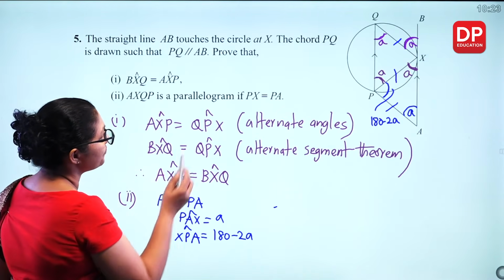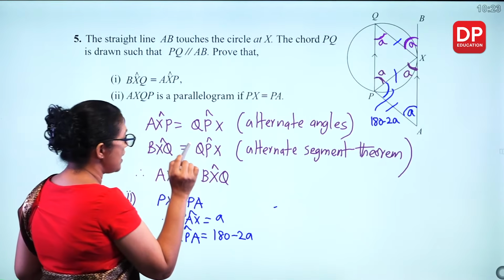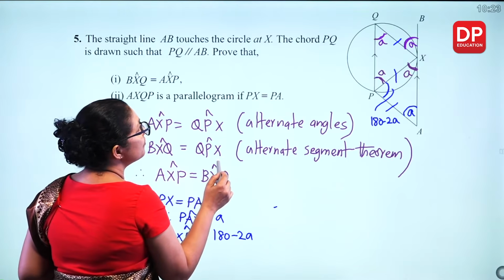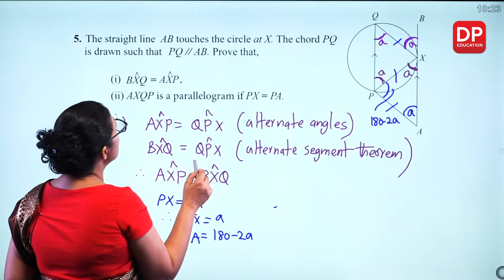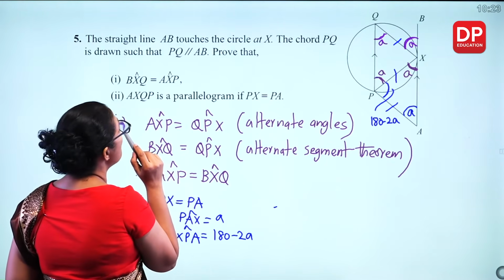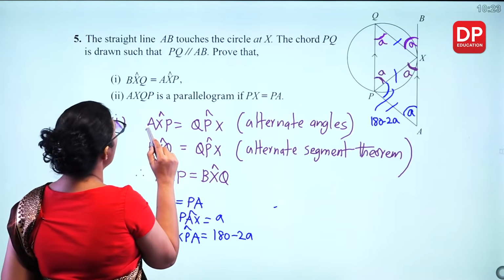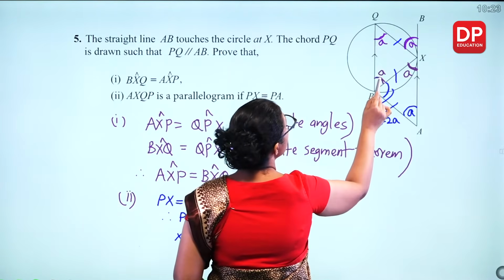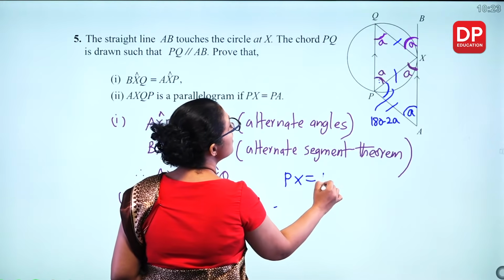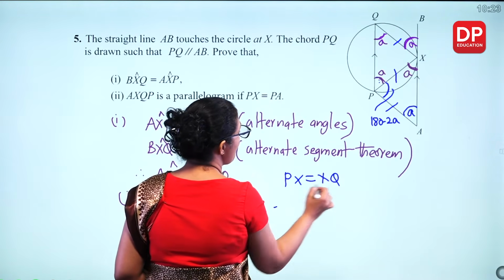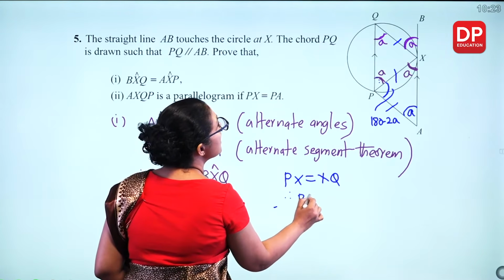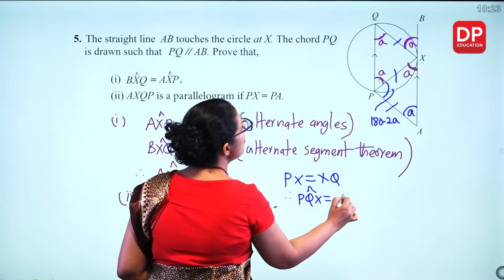And also, according to the diagram, QX is equal to PX equals PA, and these two angles are equal, so we can write down PX is equal to XQ. So therefore, PQX angle is also A.